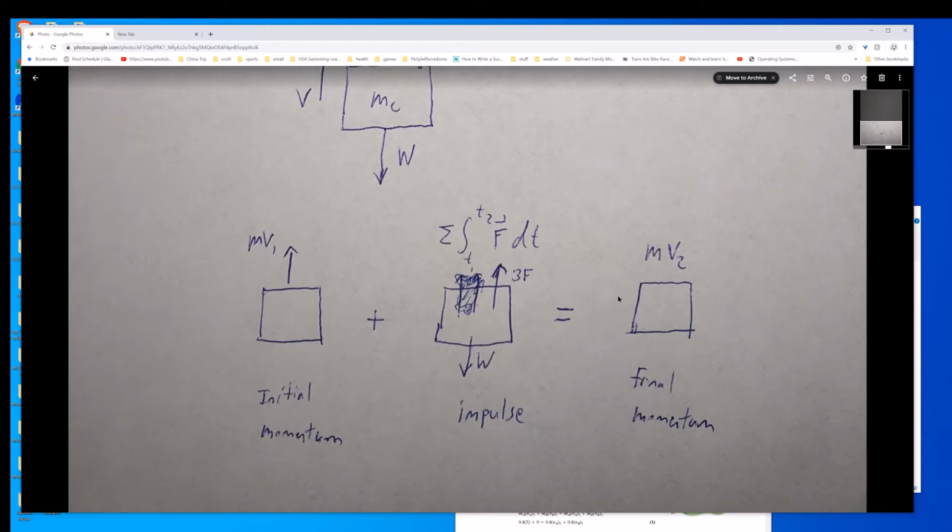What you're going to recognize here is that there's zero velocity, because it's at rest. So this part is zero. We have some impulse and some final momentum that results from that impulse.